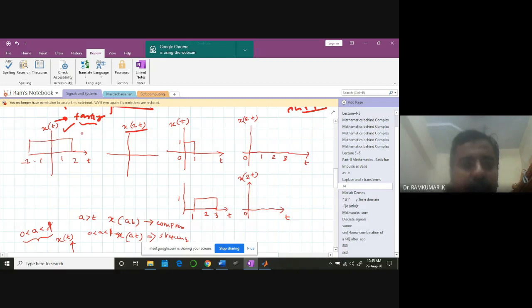Yeah. In the same manner, when x of t signal is like this, if I'm going to do x of 2t, how will the signal look? Can you imagine that? This value is 1. What will happen at time t equal to 0?